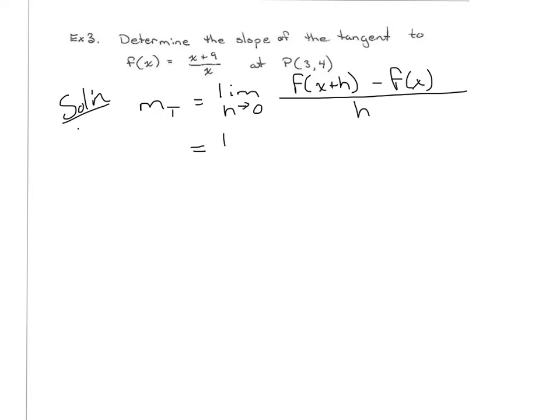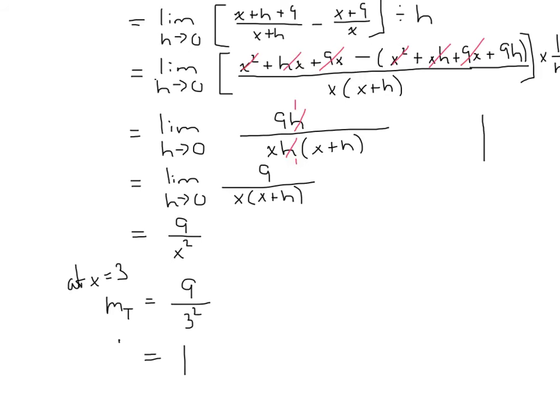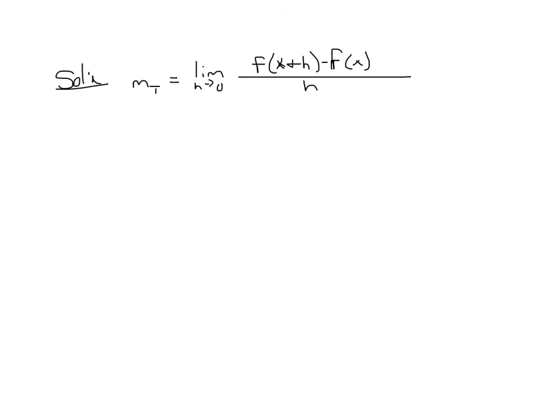Now with this function, a nice square root function, again our solution will follow: the slope of our tangent will equal the limit as h approaches 0 of our function at x plus h minus our function f of x, all over h.